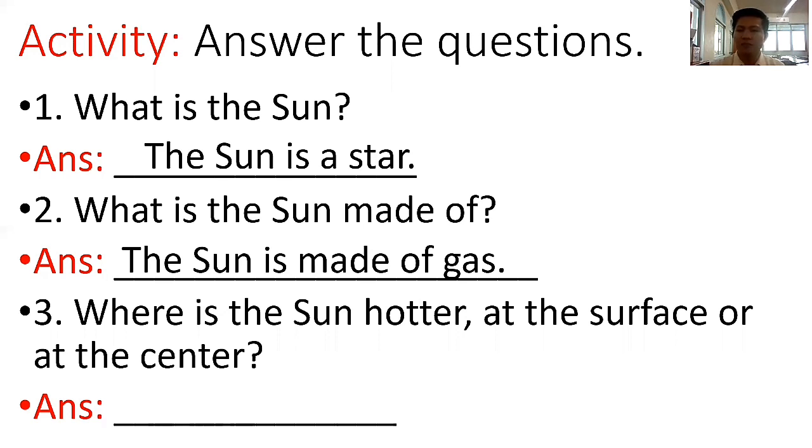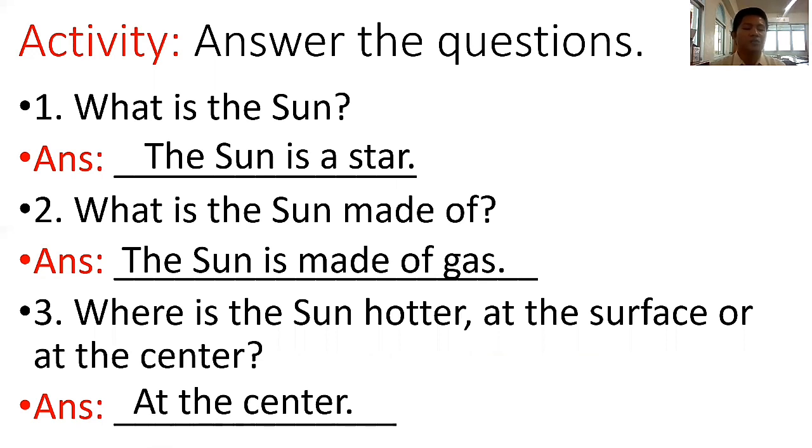Okay? Finish? Okay, good. Let's proceed to number 3. Repeat after me. Where is the sun hotter? At the surface or at the center? Okay, very good. Yes, of course, at the center.